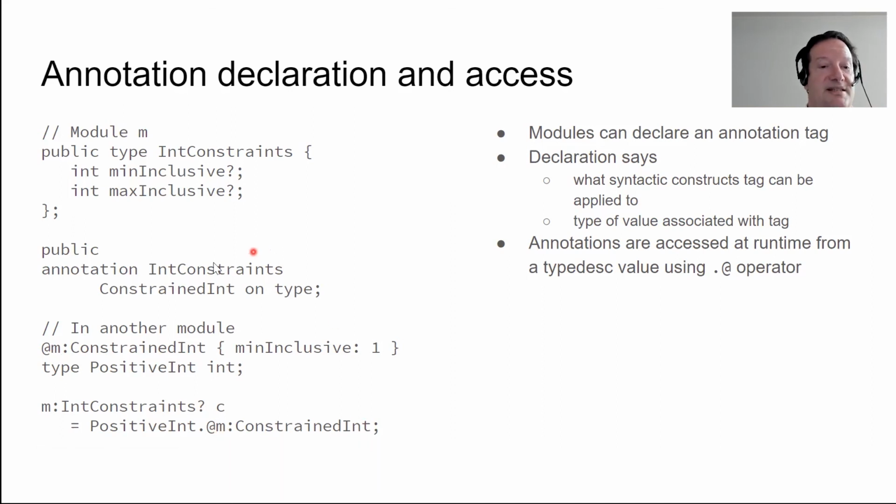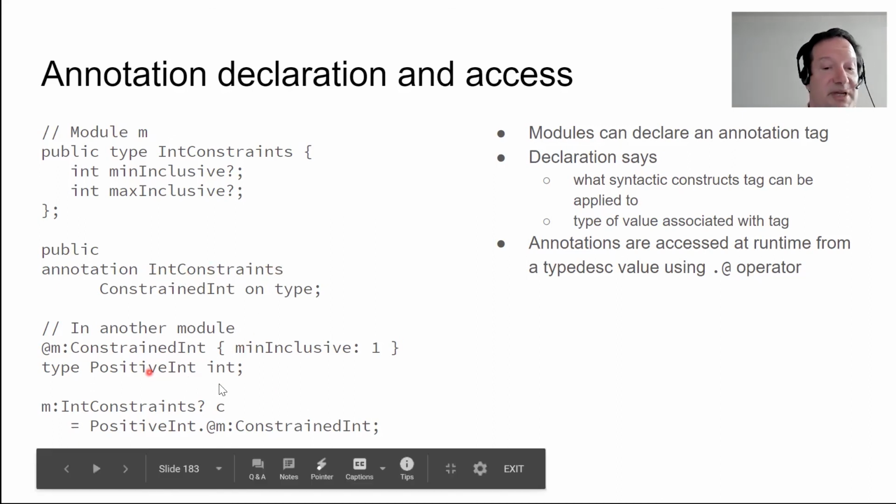What we get is this record type, but of course, we have no guarantee that we applied this tag to this type. So that's a question mark: it's that or nil. If this tag had been applied to this type, we'll get back an int constraint record. If it hadn't been, we'll get back nil.